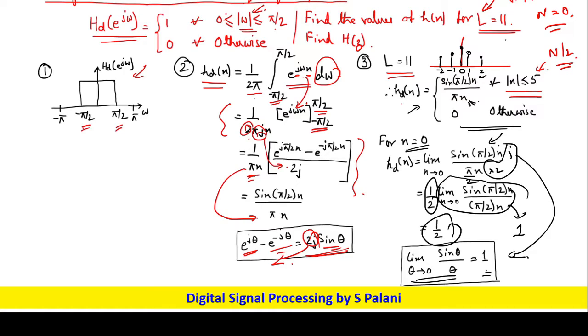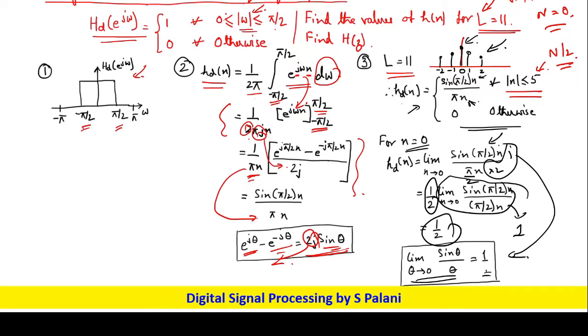now if you see over here, for n equals to 1, we have written hd(1) equals to hd(minus 1). Okay, hd(minus 1). So we are having sin of pi by 2 by pi. Why have I written hd(1) equals to hd(minus 1)? If you see over here, I have shown you, we have taken this filter values across the origin.